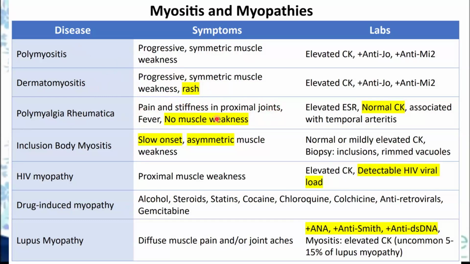So they will not give you any statement suggesting muscle weakness. So remember that. If they don't give you a statement suggesting muscle weakness, if they're talking about joints, then you will exclude polymyositis, dermatomyositis, and go for polymyalgia rheumatica.